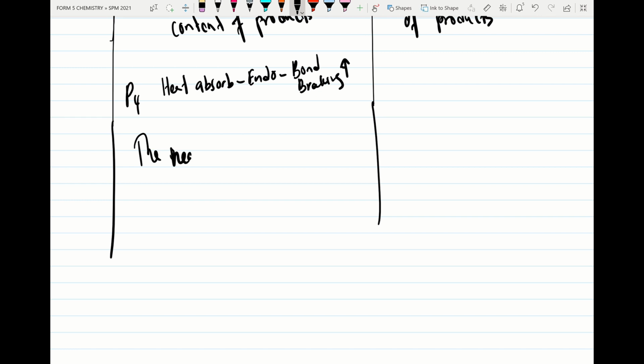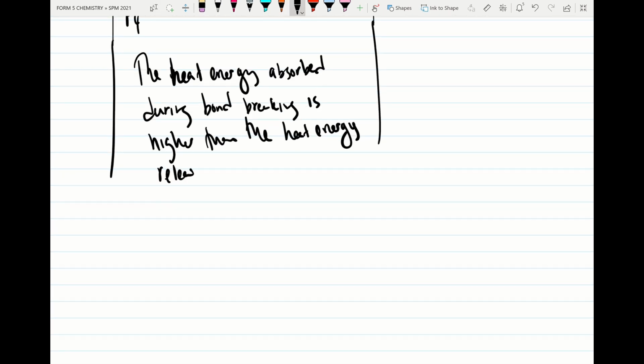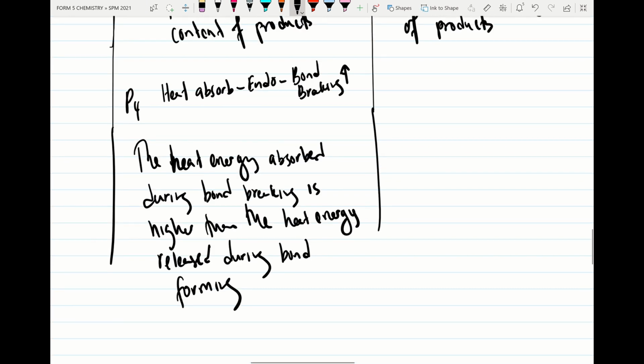The heat energy absorbed during bond breaking is higher than the heat energy released during bond forming. So here is the answer.